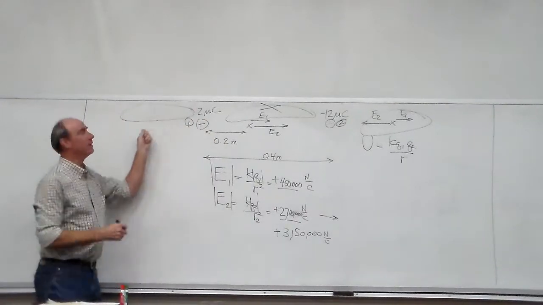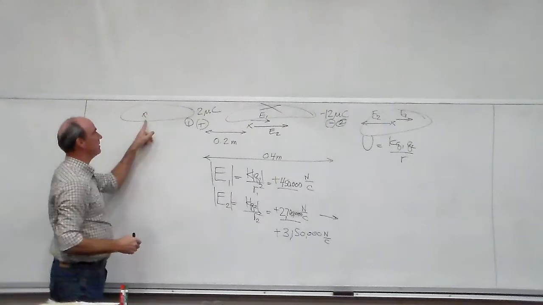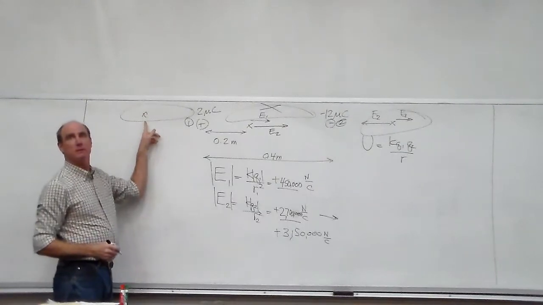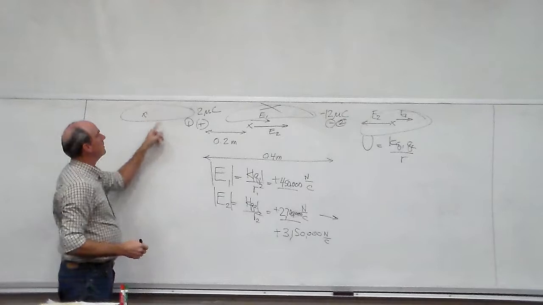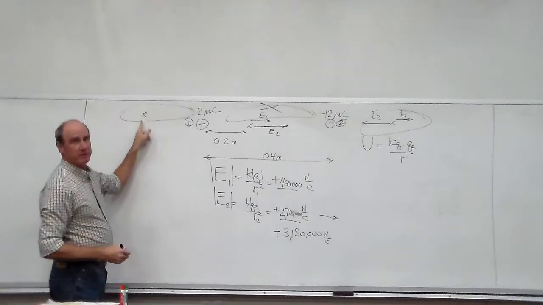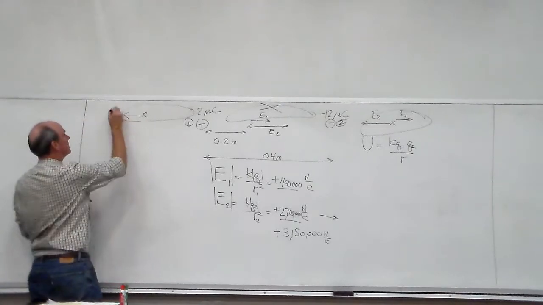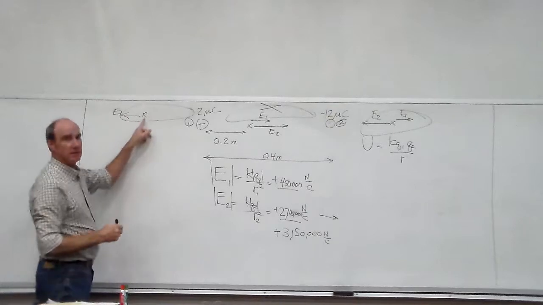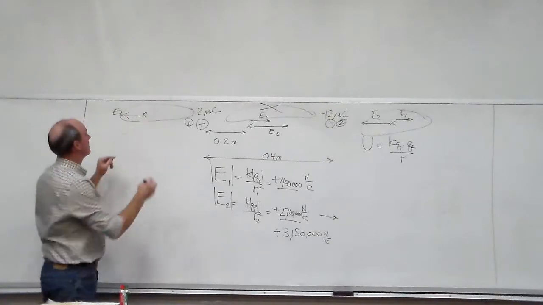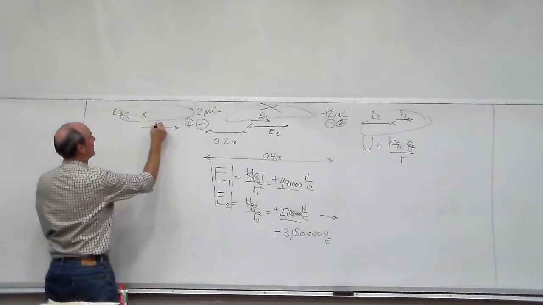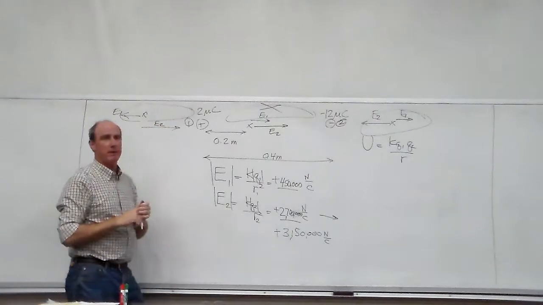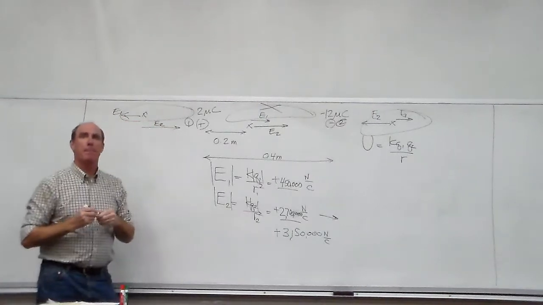All right, what about over here? At this point in space, which way does E1 point? To the left. So it would push a positive charge away. So E1 is this way. Which way does E2 point? To the right. Which one's bigger?